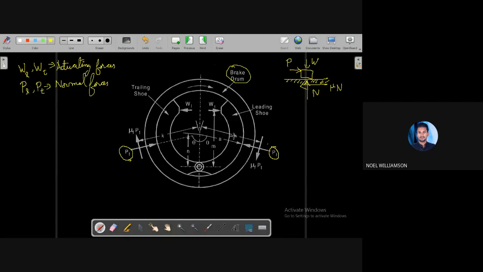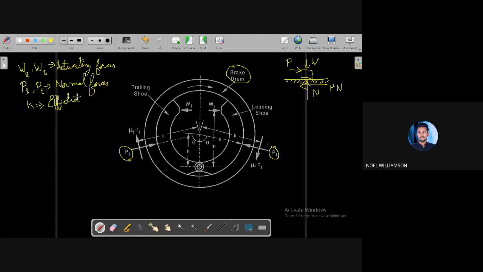Now you can see a value k, that is the effective radius, from the center to this particular point where the friction is acting. Small k is the effective radius.